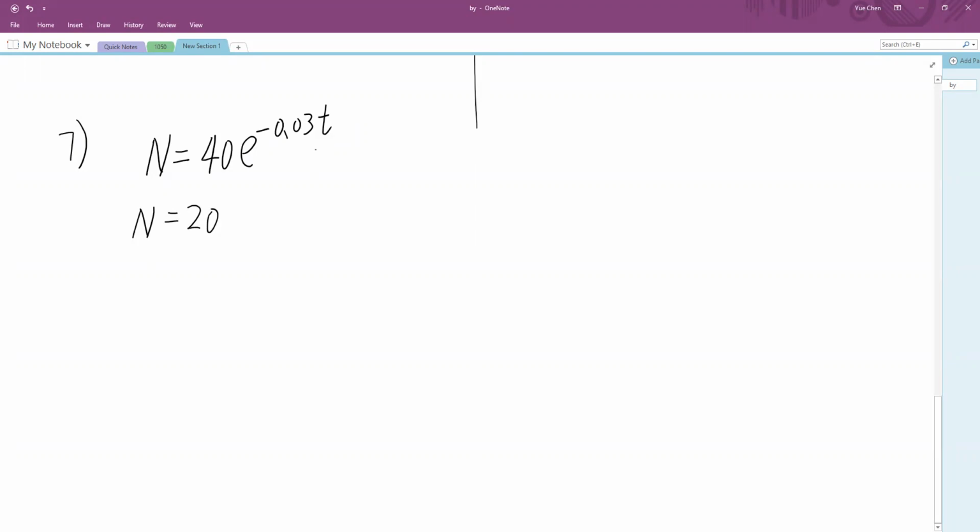Here t represents days. So we put 20 here, and we plug in what we know. This is 20 equals 40 times e to the negative 0.03t. All right, so this is the exponential equation, right?